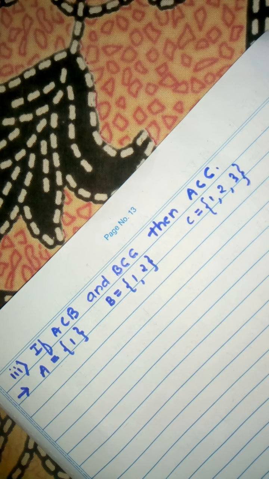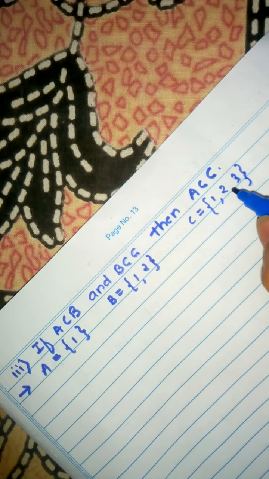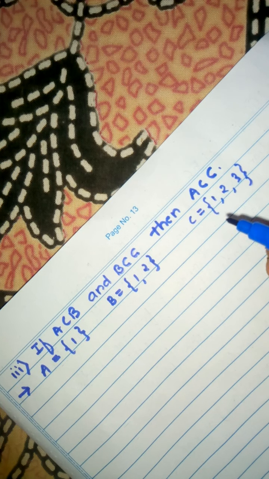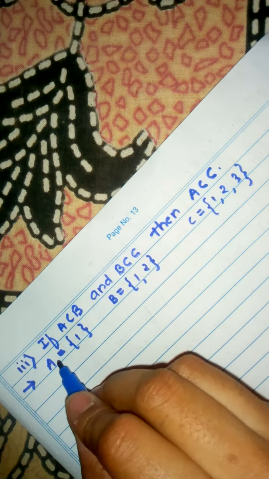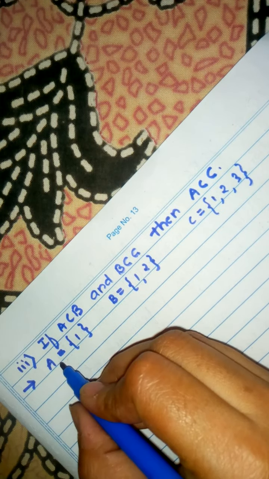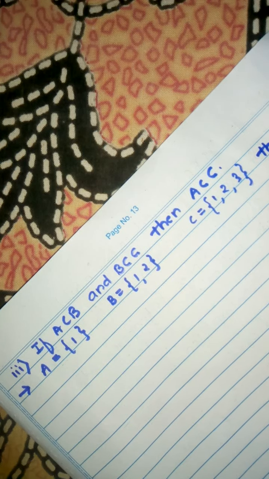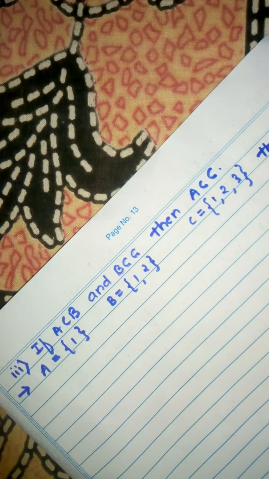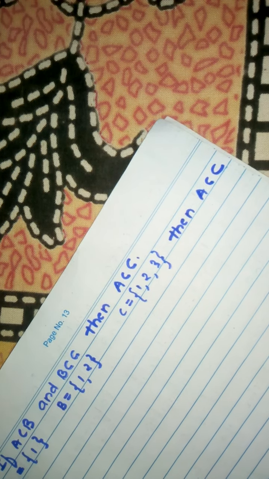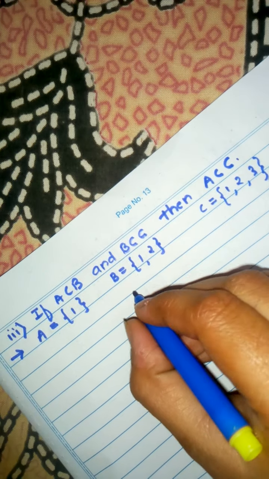Then they are saying that A is a subset of C, and it is true. Yes, it is true, because here you can see that A is a subset of C, that means every element of A is there in C.